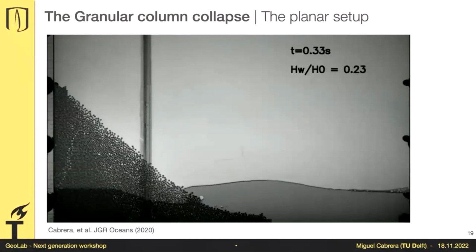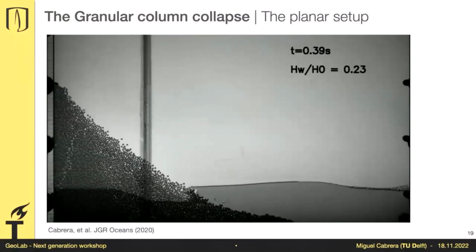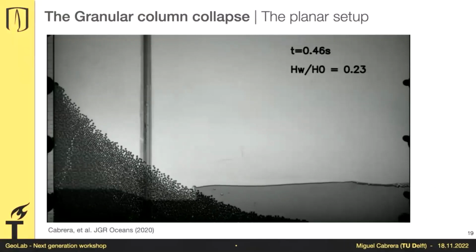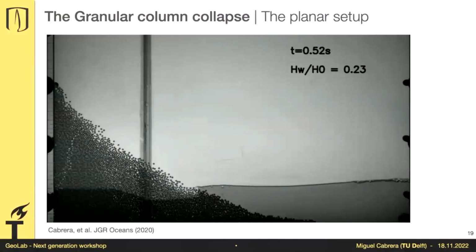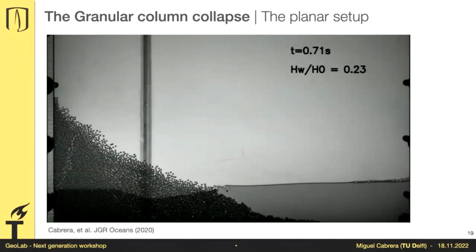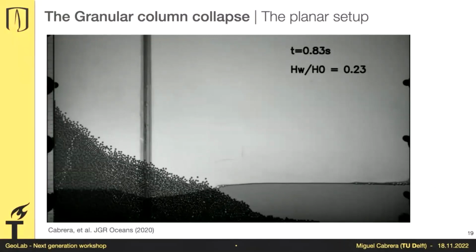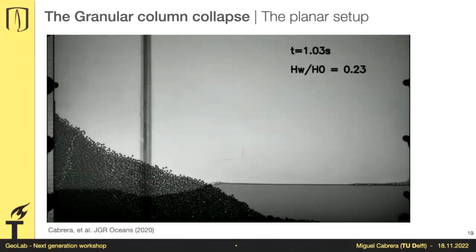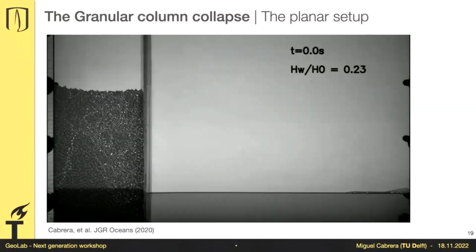Please note this area that is dry right at the bottom of the column. That dry area is just showing this beautiful competition between permeability and the motion of the grains. Permeability is trying to get into the granular material. The permeability here is very low, but the grains are moving faster than permeability. Therefore, the grains cannot be saturated until they are stopping.